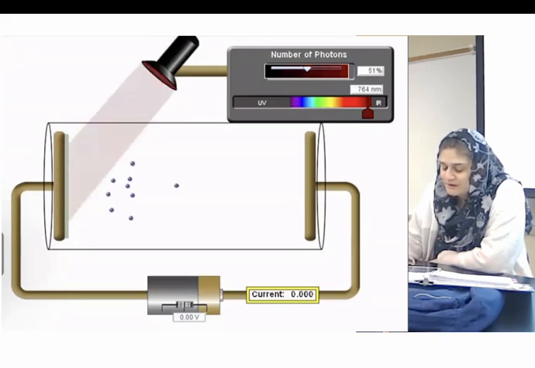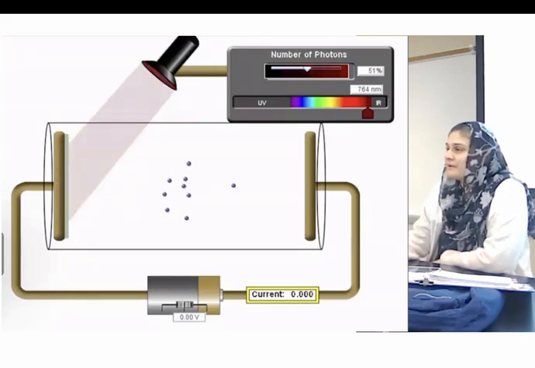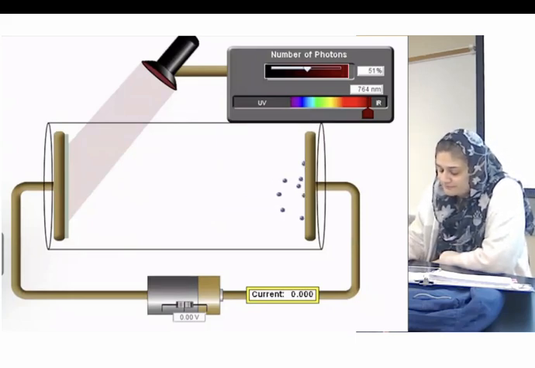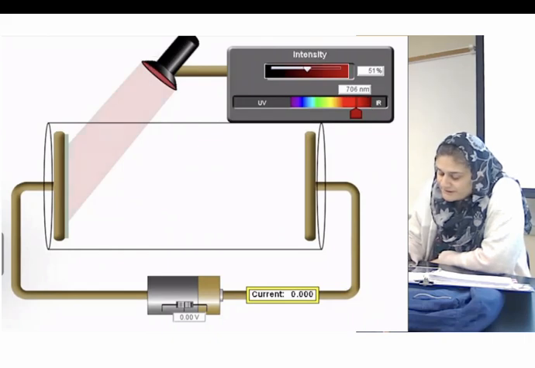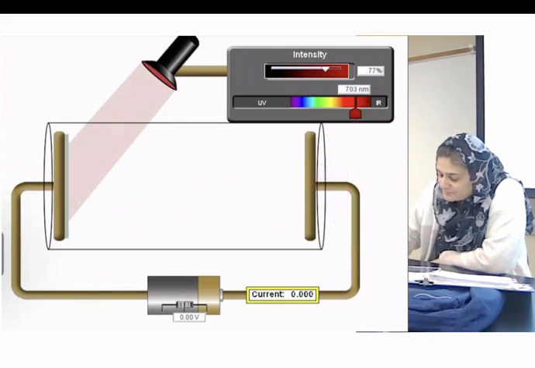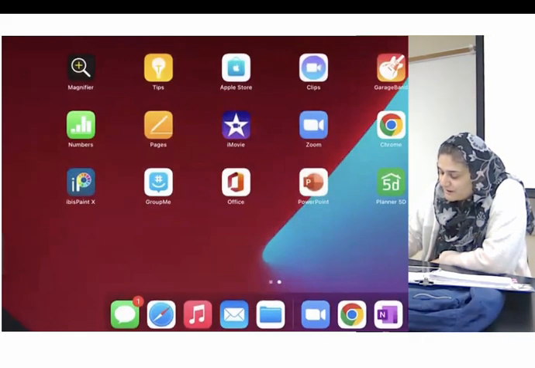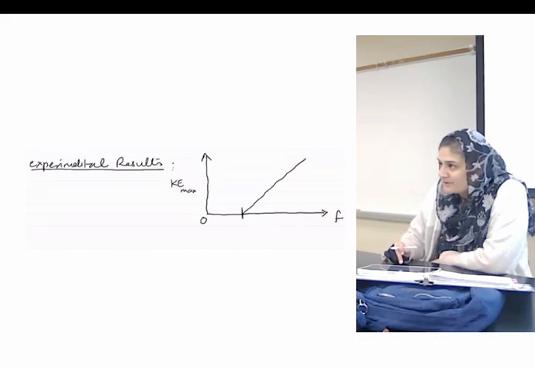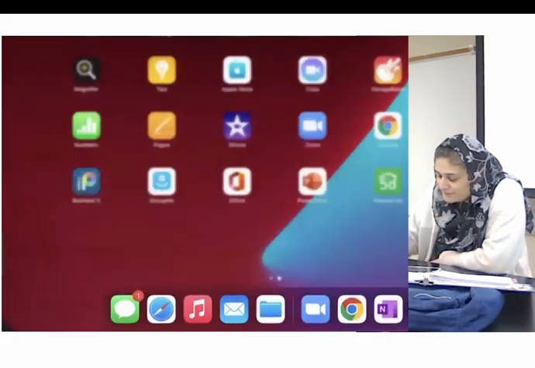I won't show the photon because that's what they were observing, right? It's just light incident on a metal. Okay, intensity, not the number of photons. Make intensity big. Okay, nothing? Tell me when. So I'm increasing the frequency. Keep this picture in mind. We're going to try to redraw that graph. Everybody got that picture in their head?